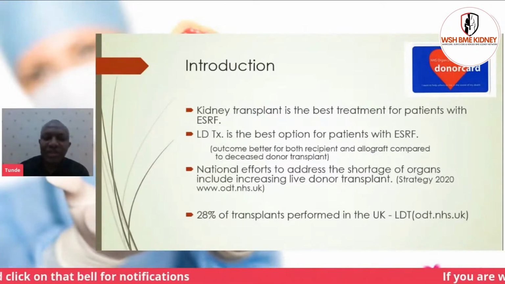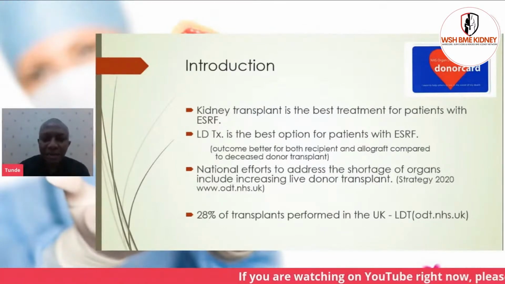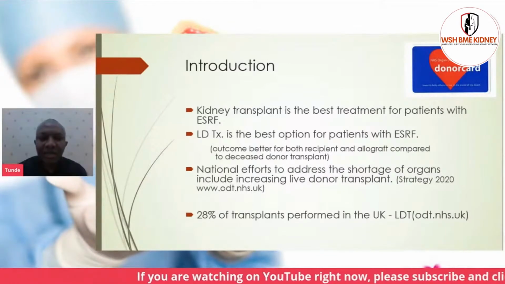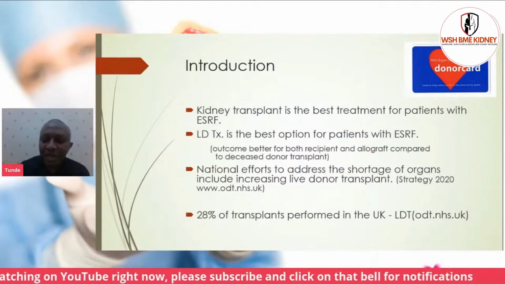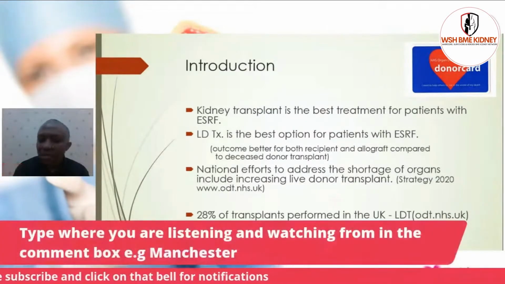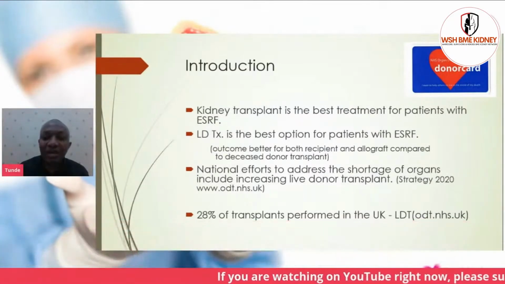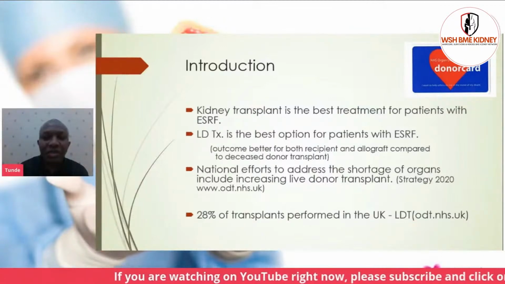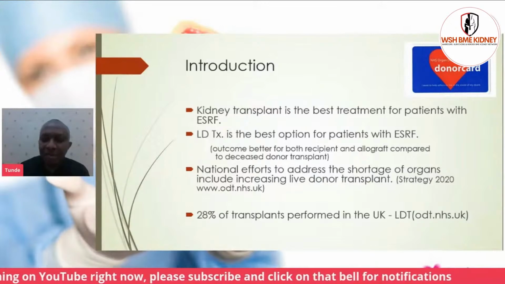Currently, about 28% of transplants performed are from live donors. In the Netherlands, the figure is much higher, almost 50%. So the UK is trying to do better. A lot of investment and a lot of effort has been put into trying to increase the live donor organ rate.